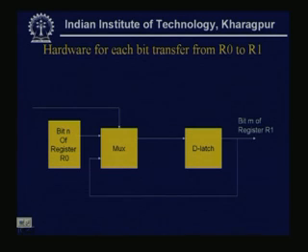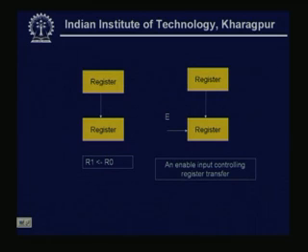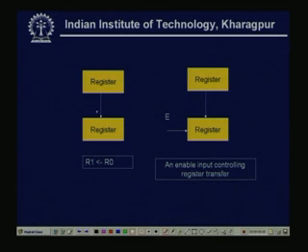Now, what will be the hardware for each bit transfer? Because in the earlier slide what we have seen is the notation at block diagram level, where all the 16 bits are transferred. Now, when it is physically transferred, how is it transferred bitwise?